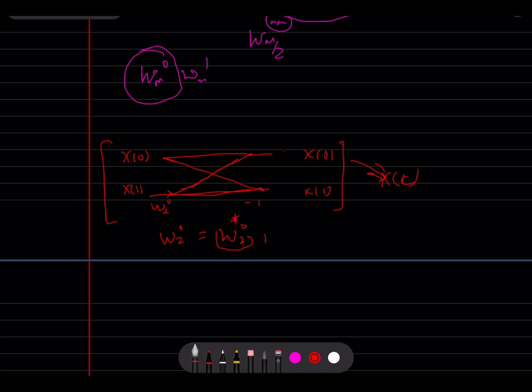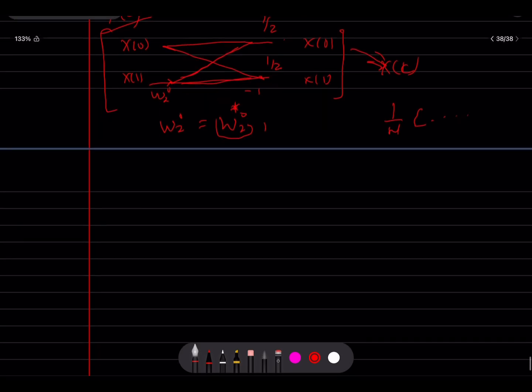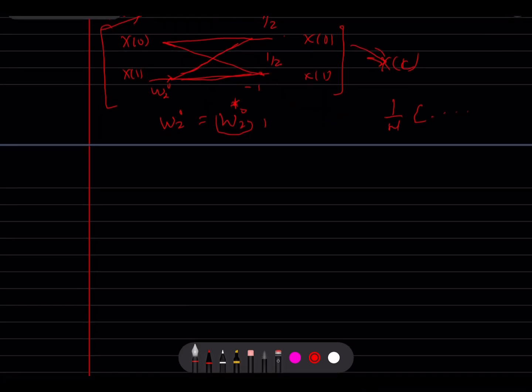And remember that in the normal computation, it was 1 over n, summation and so on. Therefore, if n is equal to 2, the factor is going to be 1 over 2 for the inverse. The first one is the normal form, but this one is for the inverse. In that case, the output sequence s of k that they are going to give you will be here. It will be decimated over here and put inside. So that is how the decimation in time, 2-point FFT DIT algorithm looks like.